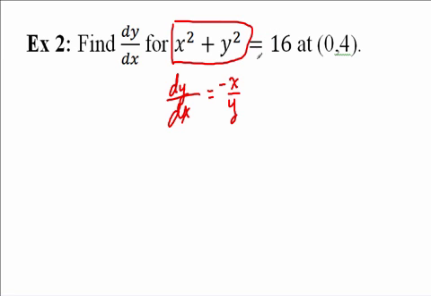Now you can memorize that or just go ahead and solve it each time. It's up to you. But the derivative of x squared plus y squared will always be this. So now we want the slope at (0, 4). So what that means is we plug 0 in for x over 4. And what do we get? Well, we get 0 for a slope. And that's exactly what it's asking.